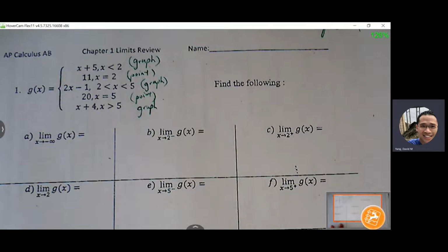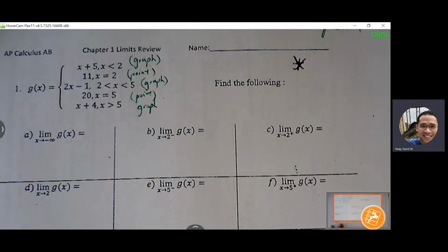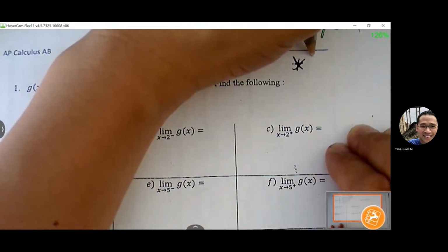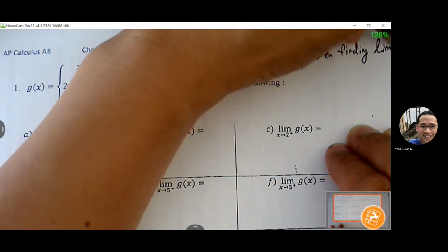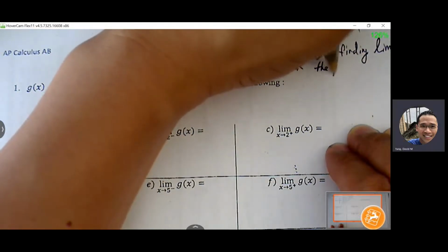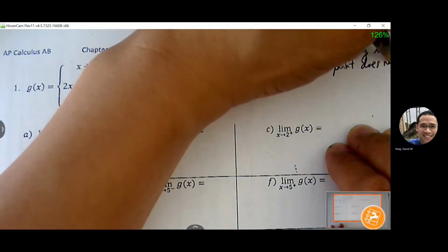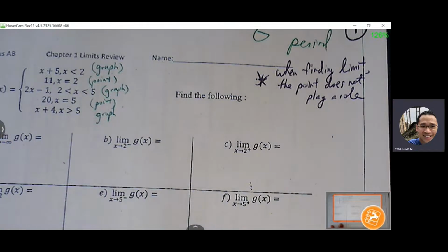Now, what I want us to make sure that we understand is that when finding limits, the point does not play a role. So basically, we don't care about a single point whenever we're considering the limit.